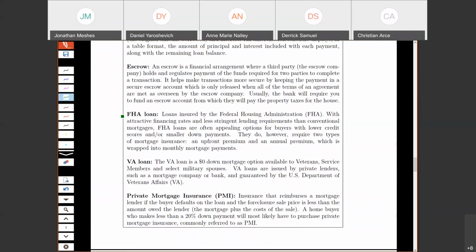An FHA loan is a special type of loan that you can get if you're having trouble qualifying for a loan. These are loans insured by the Federal Housing Administration, abbreviated FHA. If I have bad credit, or maybe I've never bought something big before, I can apply for an FHA loan, and the federal government will help secure my loan.